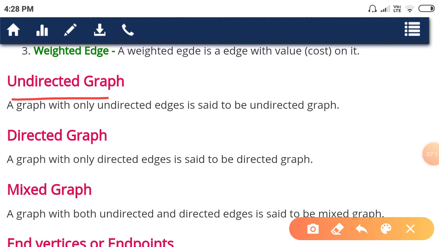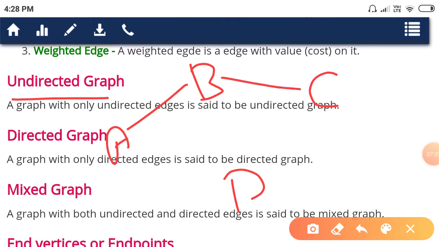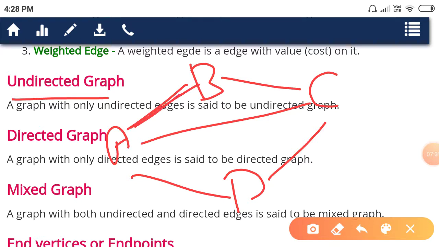A graph with only undirected edges is said to be an undirected graph, like this. Vertex a is there, b, c, d. Like this, a to b, b to c, a to d. Here we didn't mention any direction, so b to a and a to b are both the same. So this is an undirected graph.